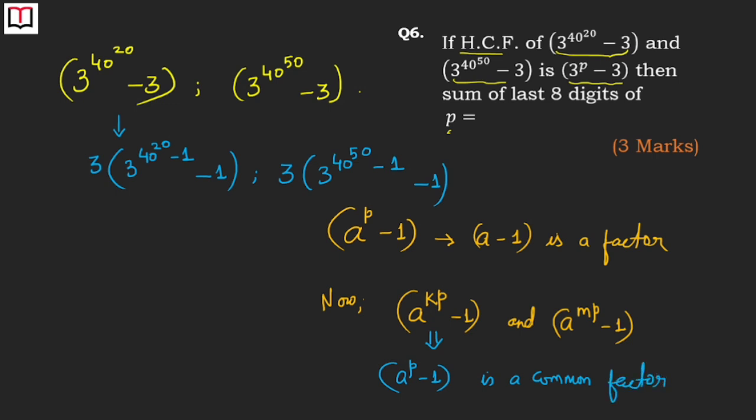Let's take an example to quickly explain it. If I say a raised to the power 4 into 2 minus 1, and another number a raised to the power 4 into 5 minus 1, for this, won't you agree that a raised to the power 4 minus 1 is a factor?